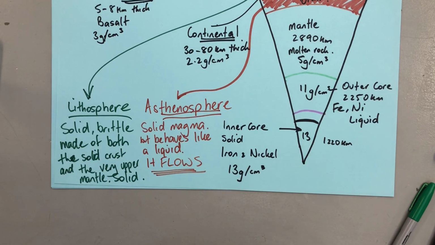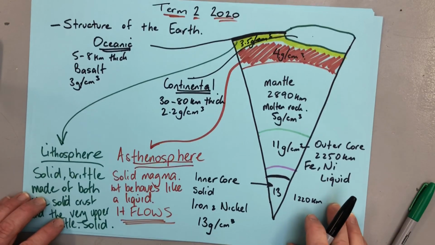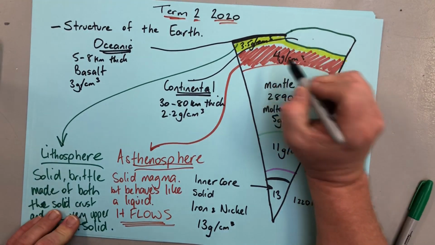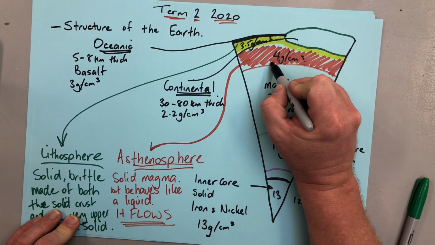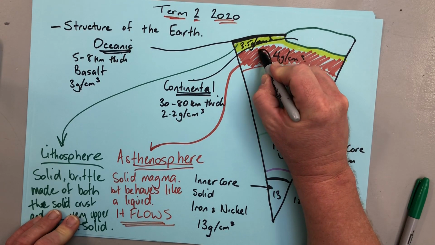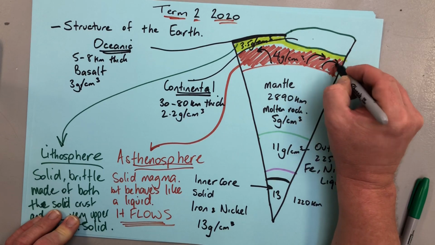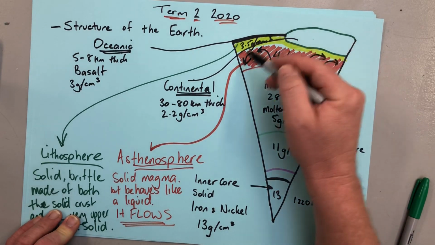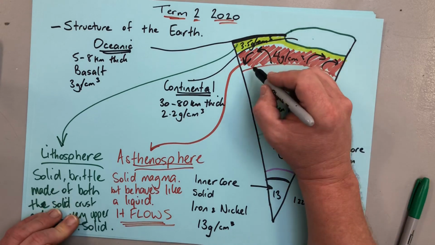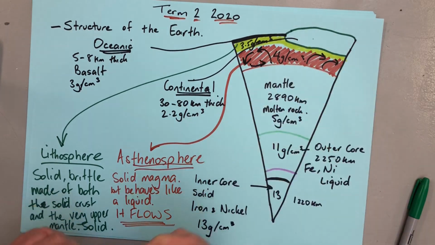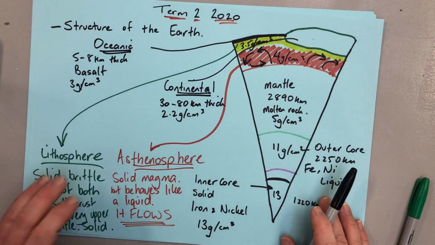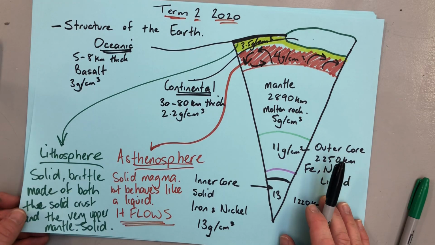Yes, it's a solid, but this solid will flow like a liquid. And inside the asthenosphere we have convection currents that move this material around. But we'll talk about that a little bit more later on.